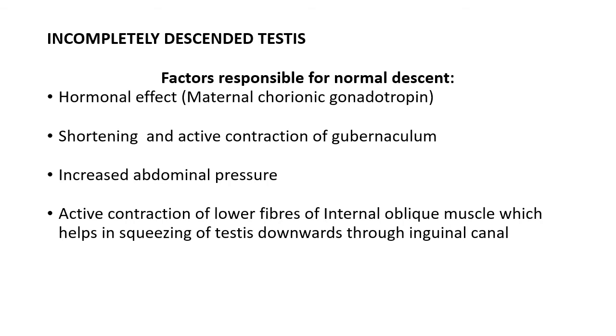Active contraction of the lower fibers of the internal oblique muscle is supposed to help in squeezing the testes downward through the inguinal canal. Now remember, in the adult, what you observe is the oblique inguinal canal. There is at least a 4 cm gap between the superficial and the deep ring. But in embryonic life, the superficial ring and the deep ring almost overlie each other, so it is not that oblique a pathway.